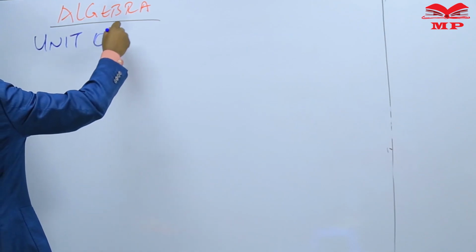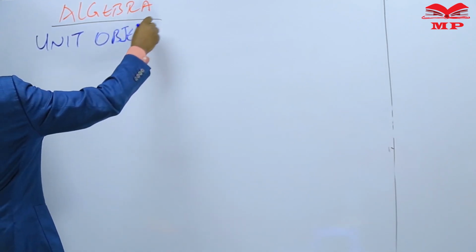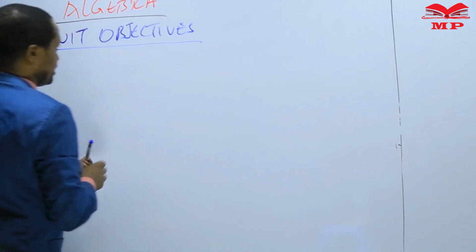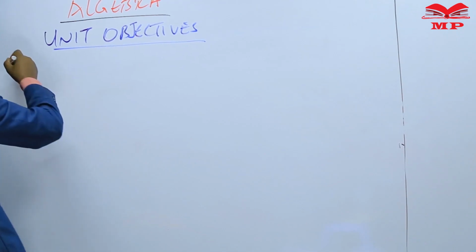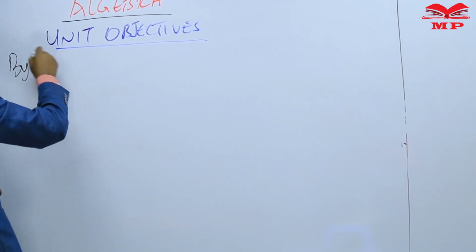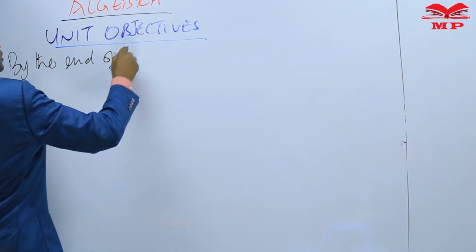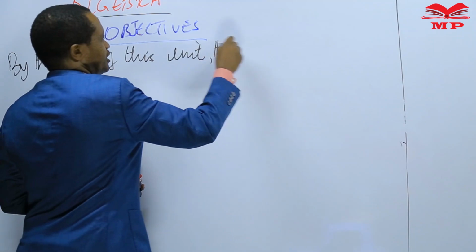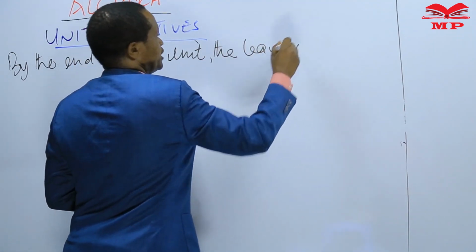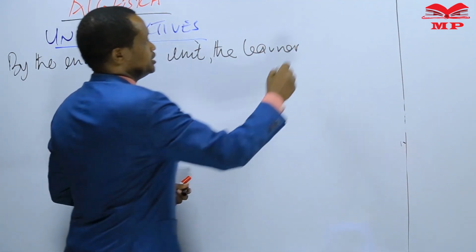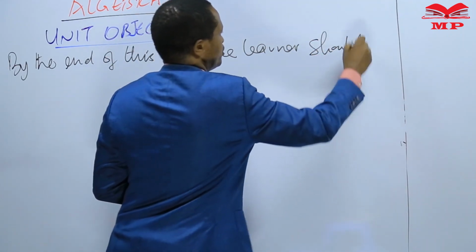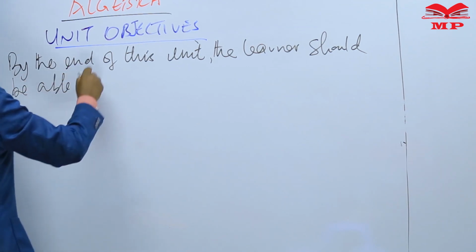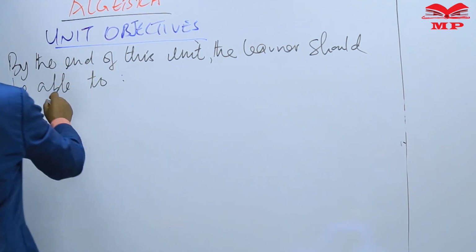Unit objectives. By the end of this unit, the learner, you are the learner, should be able to: 1.